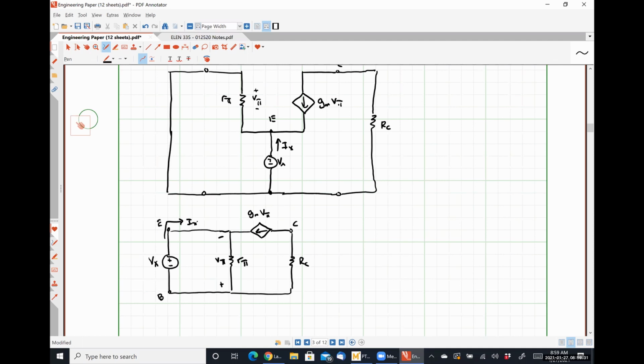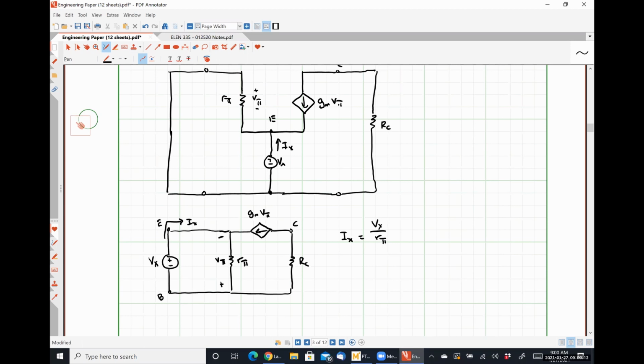Everything seems hunky-dory here. All right, so I would argue that my current Ix is simply the current flowing through my resistance r pi, which is going to be Vx over r pi, so that's current flowing down.